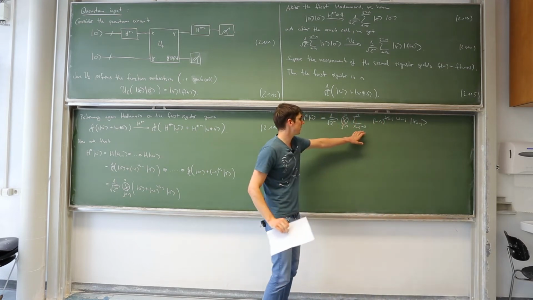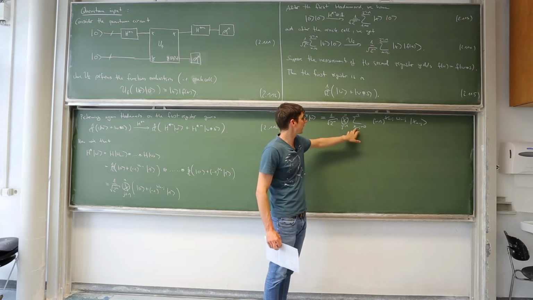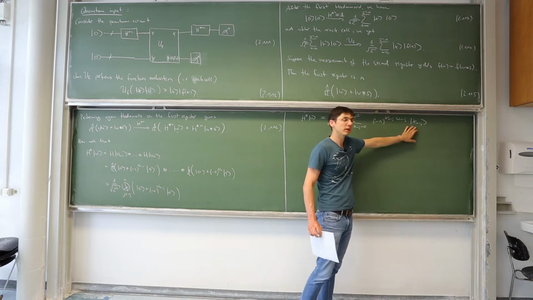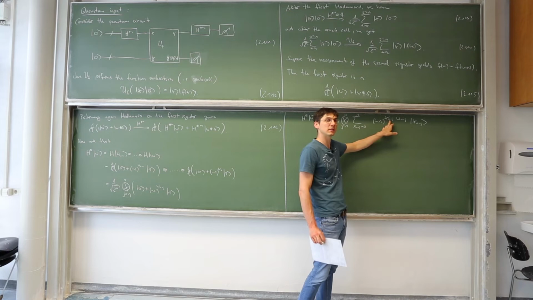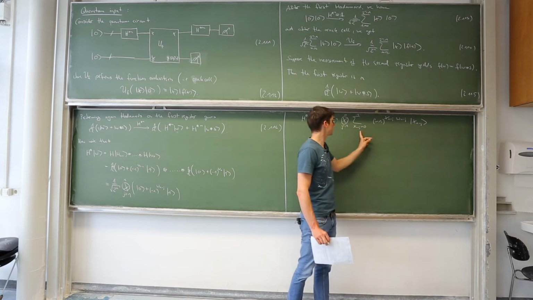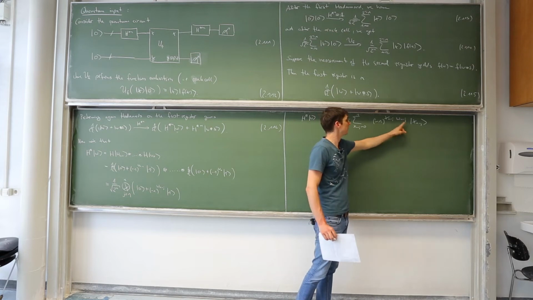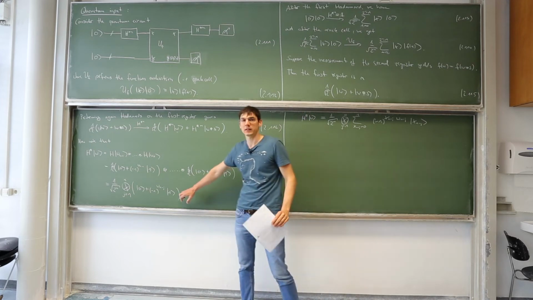Okay, so this sum has now two terms. The term for x n minus j equal to 0 is 0, okay, because here we have minus 1 to the power of x n minus j times w n minus j. So if this is 0, then we get 0. And if this is 1, we get minus 1 to the power of w n minus j, 1. Okay, so it's exactly what's written here.